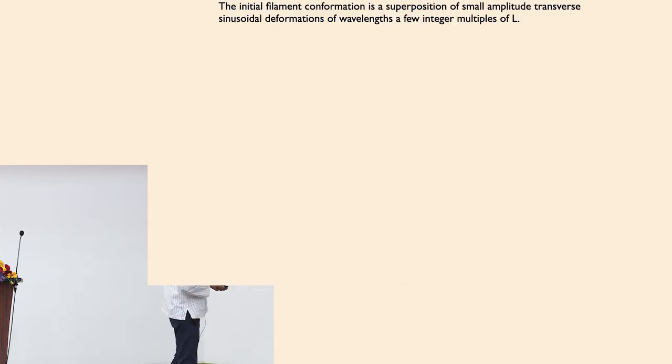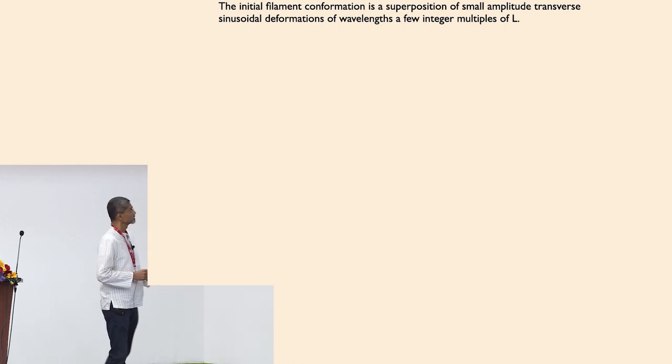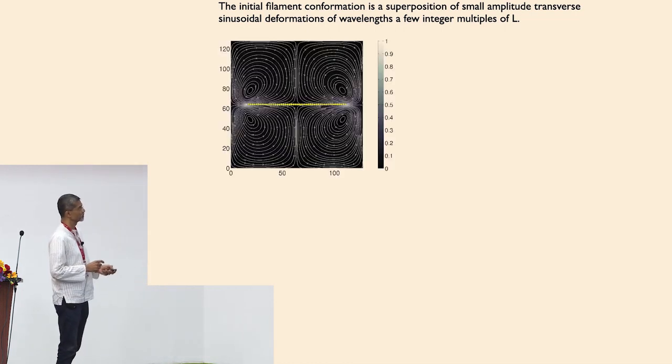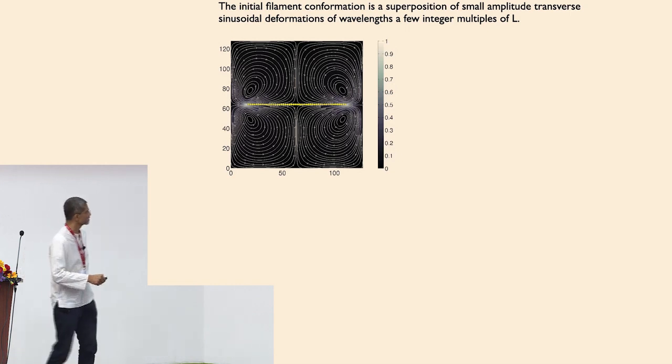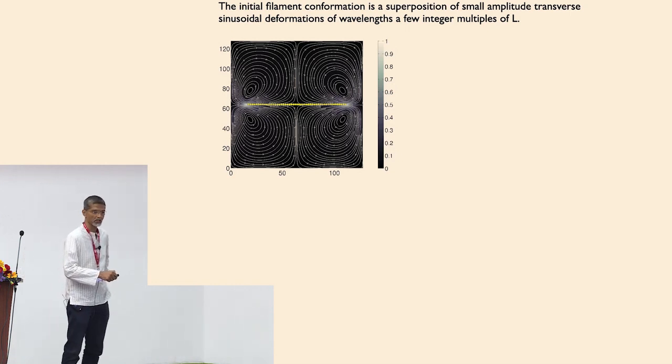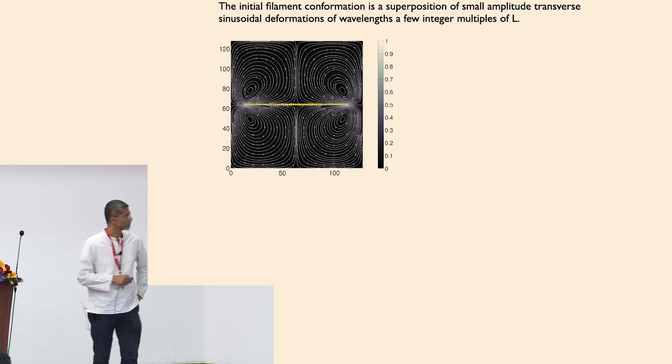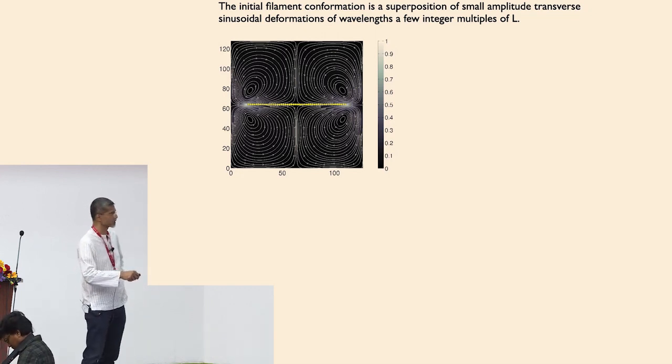Now if you take an initial filament like this, and this is a 2D simulation, each of these beads, you remember, is made of force dipoles, and that is the flow it will set up if it is a straight filament.